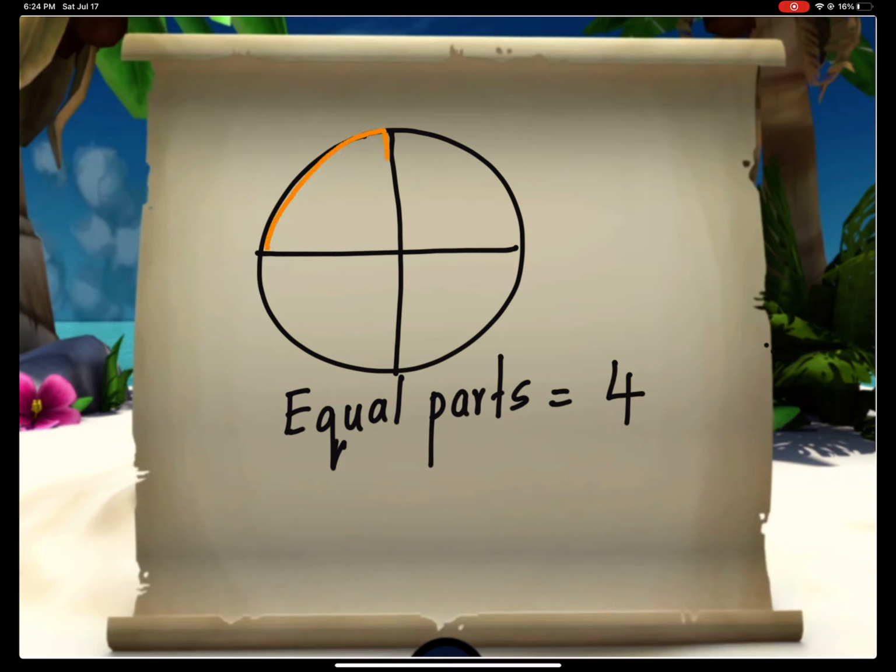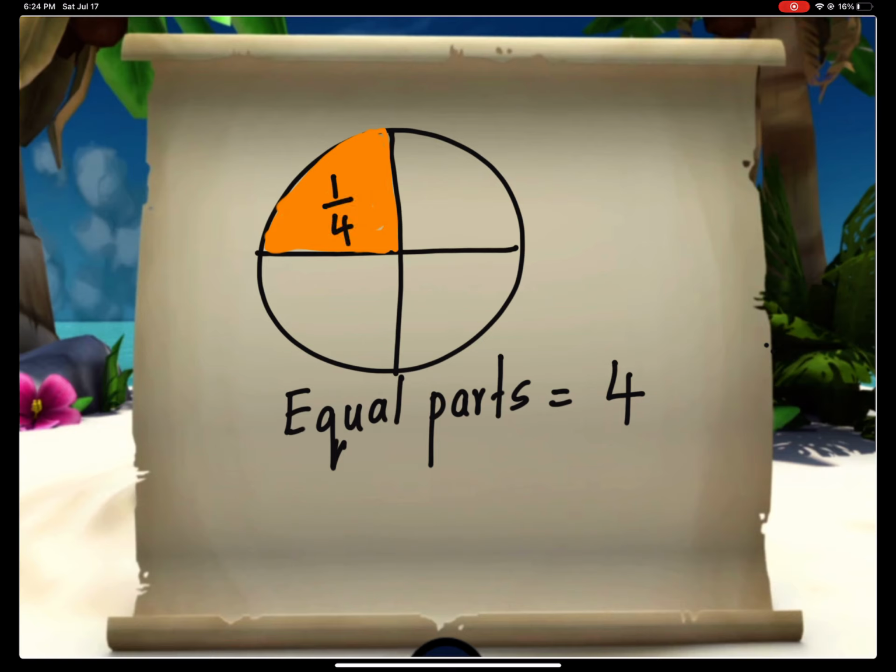So this part, how can you represent this part? You can represent that part as 1/4, right?